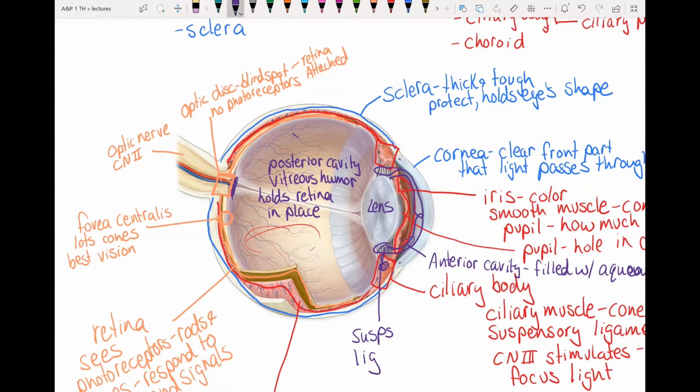Everywhere else, the retina is just floating on the vitreous humor. So because it's just floating there, that's how you can get a detached retina. If the level of vitreous humor gets too low, or if you get hit in the head and that vitreous humor jostles around too much, you can get a detached retina because it's just floating in place on that humor.